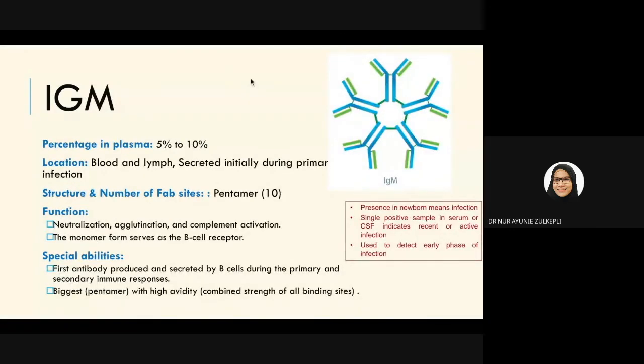So what about IgM? This is a pentameric IgM. It is a pentamer with 10 Fab sites: 2, 4, 6, 8, and 10. It accounts for 5 to 10% of plasma, and is secreted through the body, blood, and lymph, and secreted initially during primary infection.